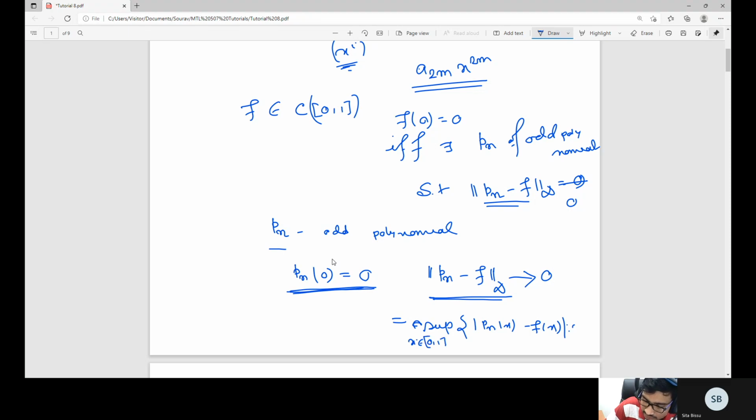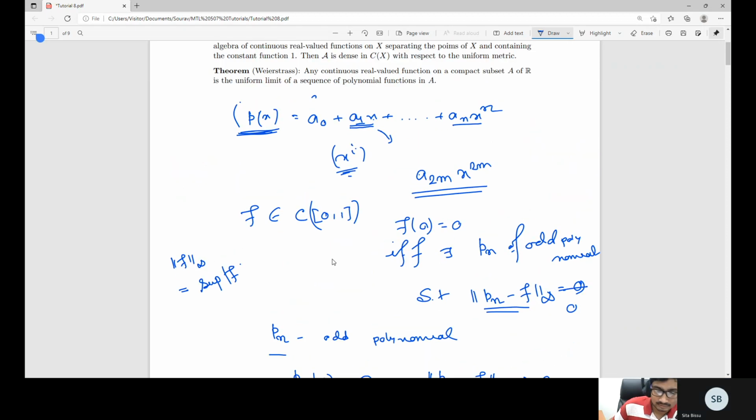So this is the definition. What is norm infinity? This is the supremum of |f(x)|, for all x belonging to the domain.